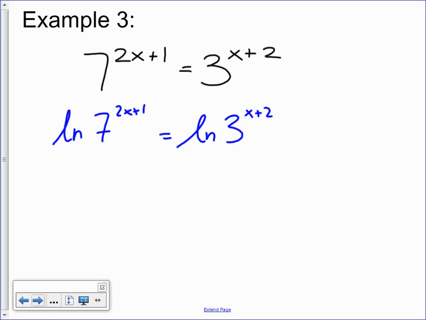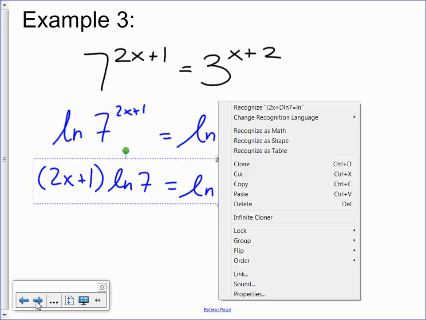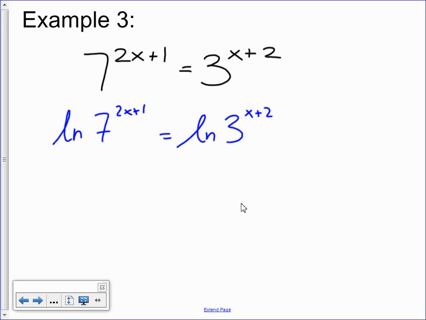You are so used to your base 10. Drop the exponents.